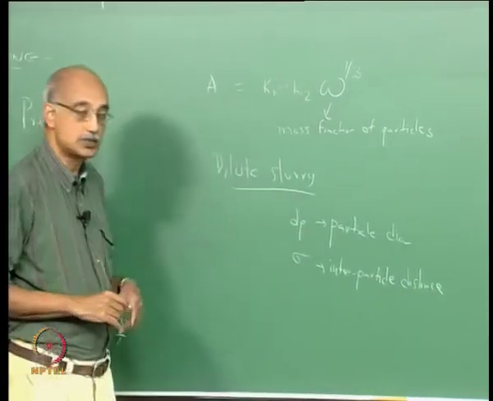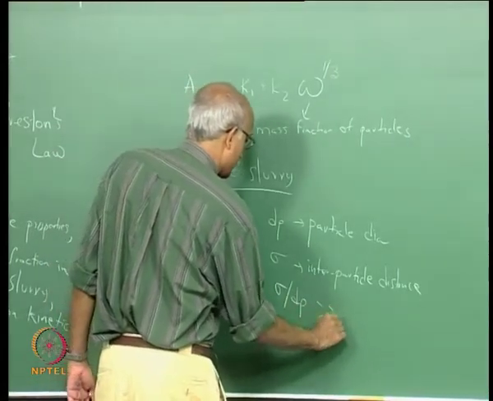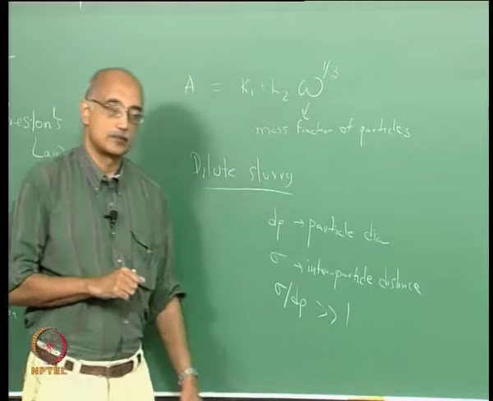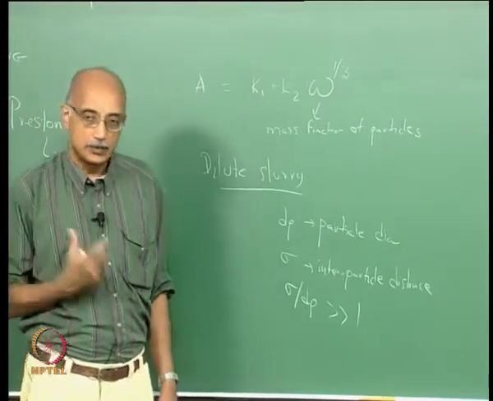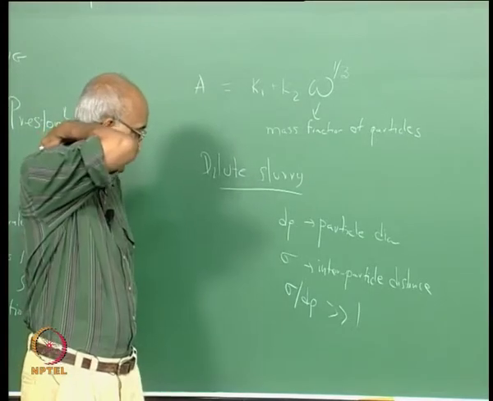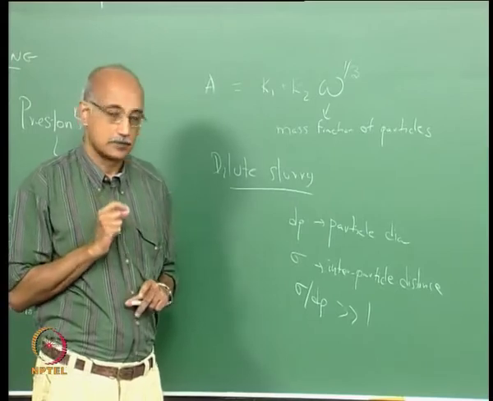In a dilute slurry, sigma over dP must be much greater than 1. So, the slurry must be dilute enough that the interparticle distance is much greater than the particle size itself.